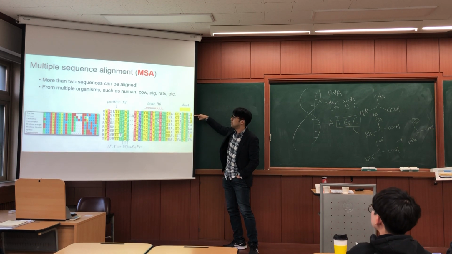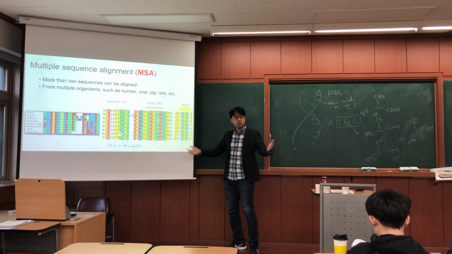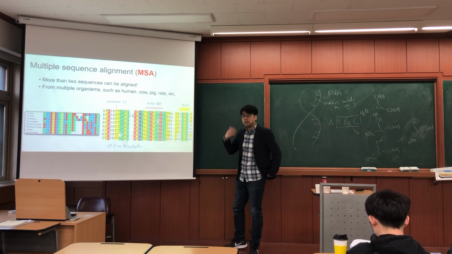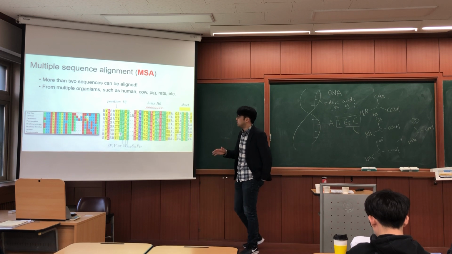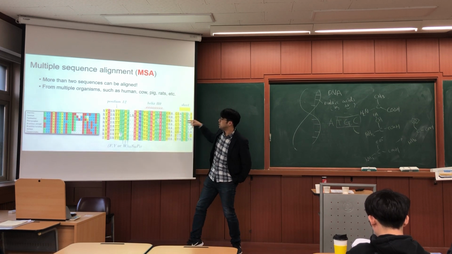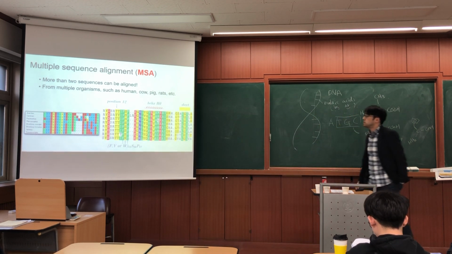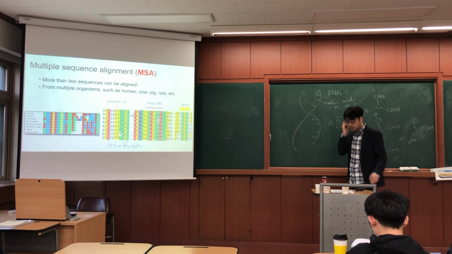For example, one is made from human, this one is from cow, and this one is from pigs and rats, and so on. All mammals have similar proteins, but they are slightly different. Then we can align those sequences, and from here we can obtain much information, and we'll talk about it later.